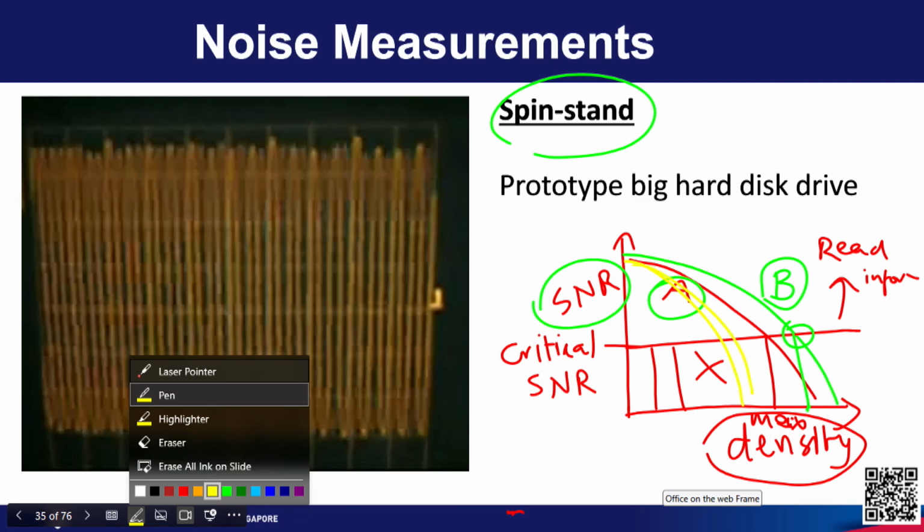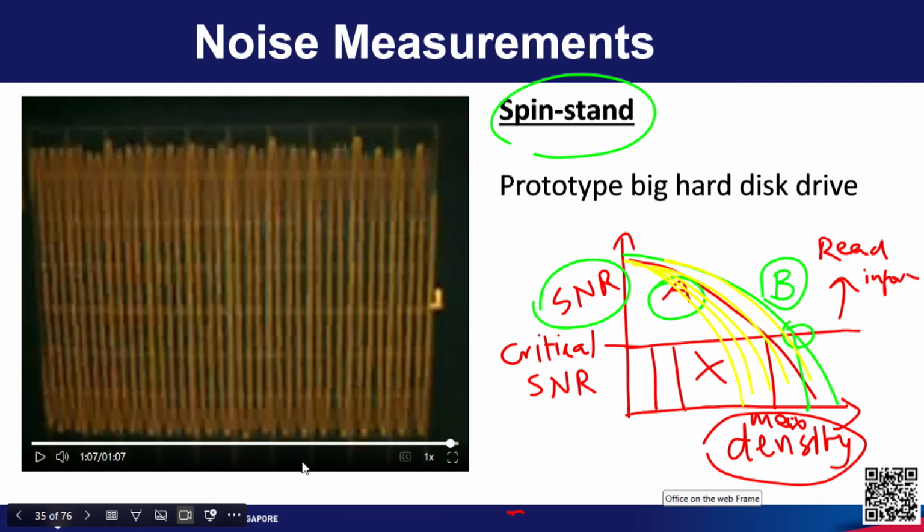So, every year people try to push the limits of the hard disk drive. They keep increasing the SNR at high density. There is a lot of research going on, but we will not go into those details.